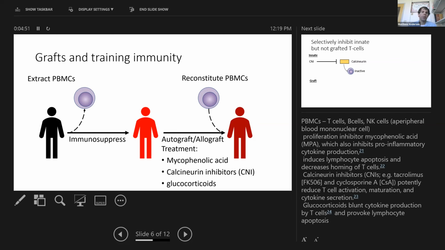And then you immunosuppress the patient that's going to receive transplant and add in these PBMCs, hopefully from the patient themselves, an autograft, or maybe from some other donor, an allograft, to reconstitute their immune system around the graft itself. So you're trying to provide this balance again between resisting infection by providing some adaptive immunity without allowing the adaptive immune response to reject the organ that's being given to the patient.